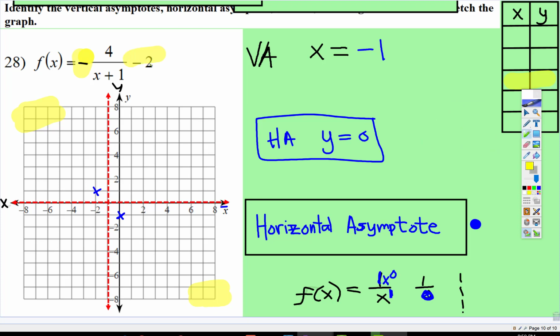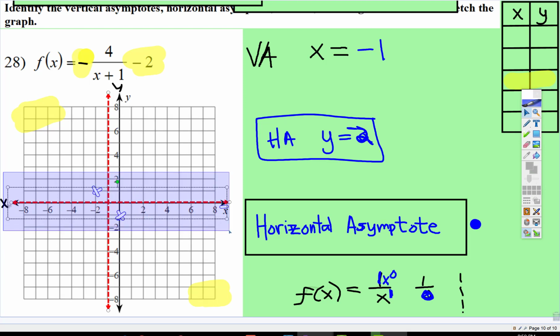However, this tells us to move everything down 2. So not only will this horizontal asymptote be moved down 2, so now instead of 0, we're going to be down there at negative 2, but these starting points will also move down.